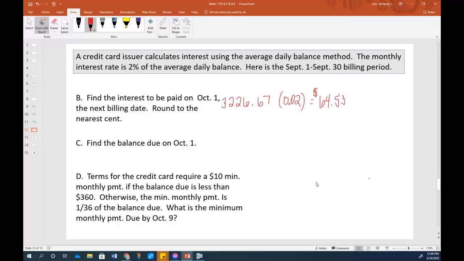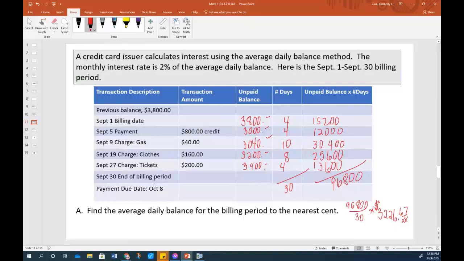So what will be the balance due on October 1? Well, I need to add the $64.53 to my closing balance on September 30. So on September 30, I owed them $3,400. That's the last charge I made. My unpaid balance was $3,400.